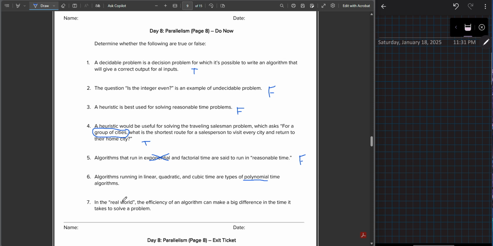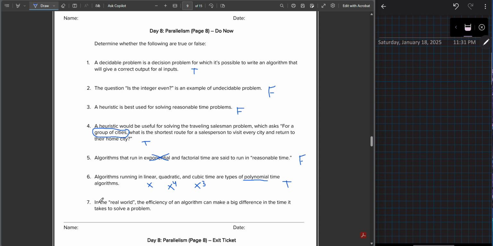Quadratic is x with the exponent 2, and cubic is x with the exponent 3, right? Like the volume, cubic feet is exponent 3. So remember that a polynomial is anything with an exponent. These three are kinds of polynomials, so this is true.